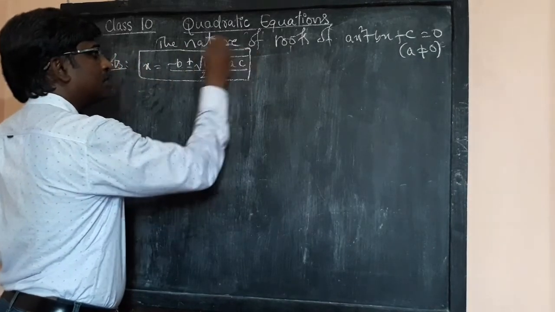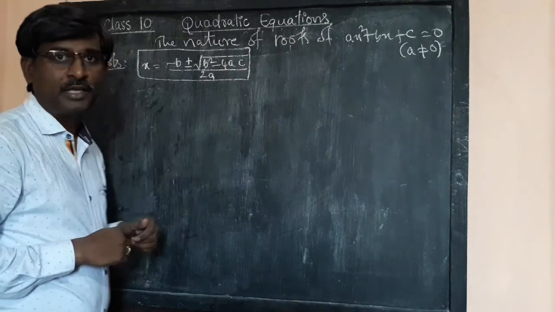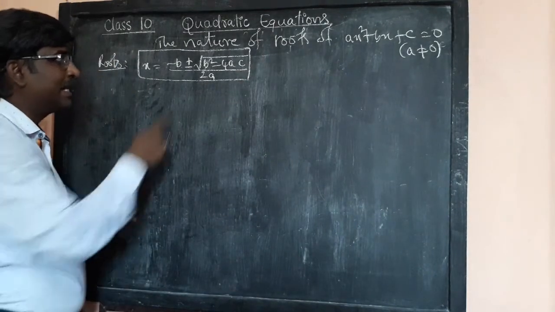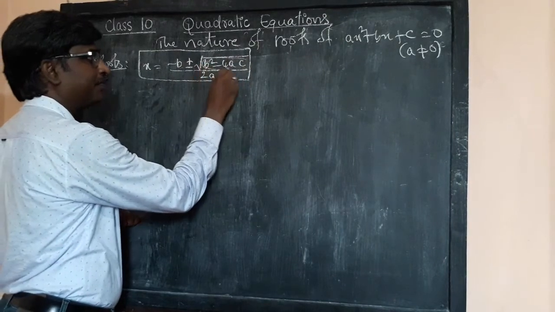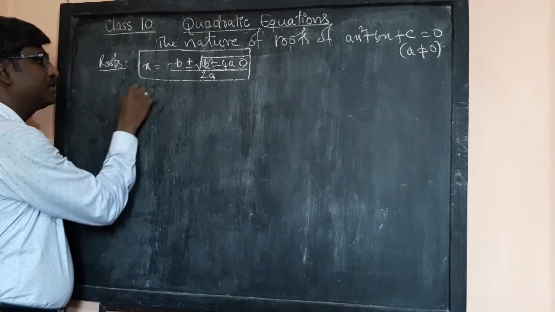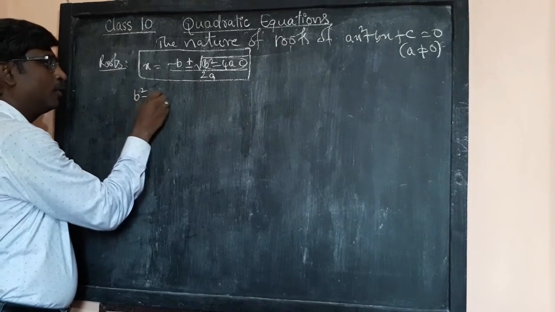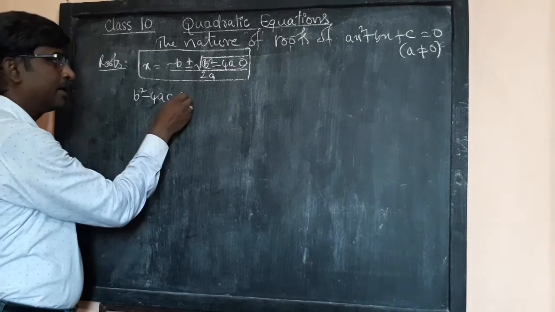So here the two values represent the roots of such a quadratic equation. Now the nature depends upon this value. Observe this value. What is that value? b square minus 4ac. Suppose that it is greater than 0.